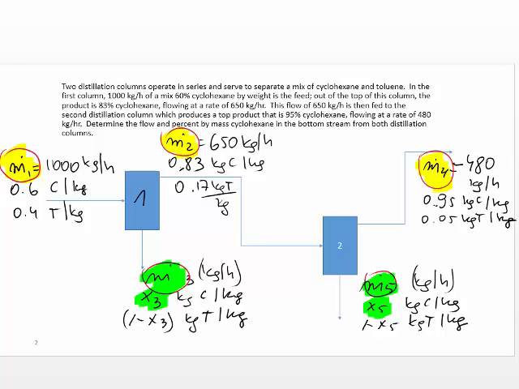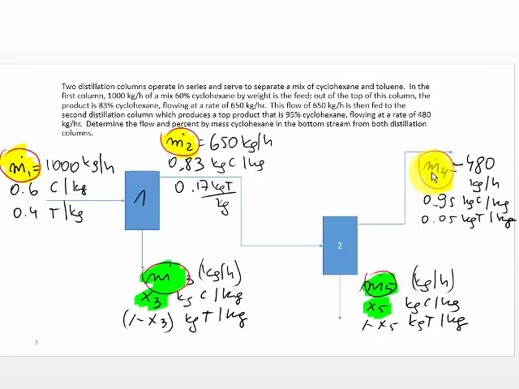So let's go back for a moment to the process flow diagram and look at the known and unknown variables in our problem. M1, the input into the process, is given. M3 and X3 are our unknowns here. For column 2, M5 and X5 are unknowns, and M4 is known.